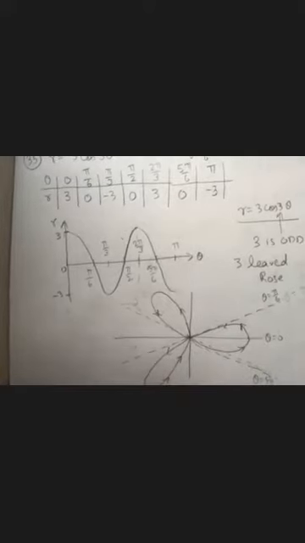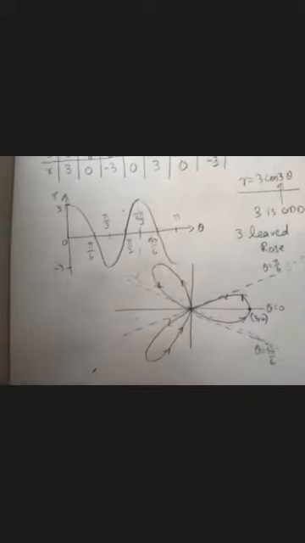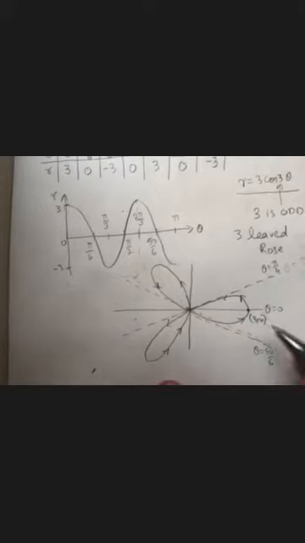This should lie above this line. This point you can label as 3, 0.